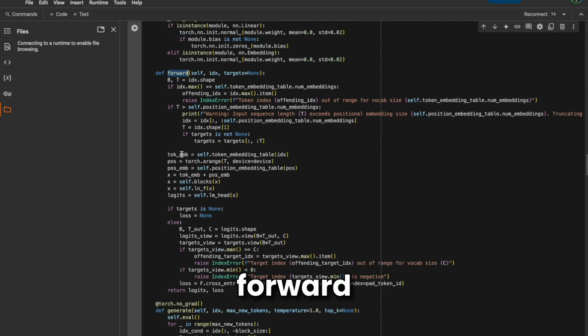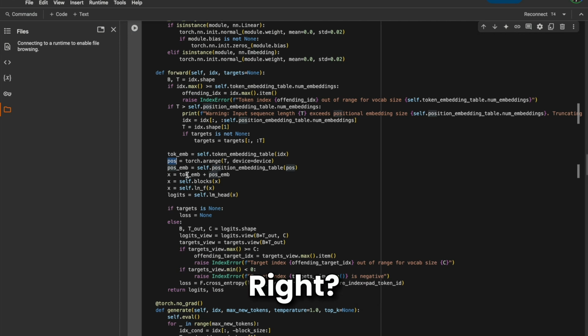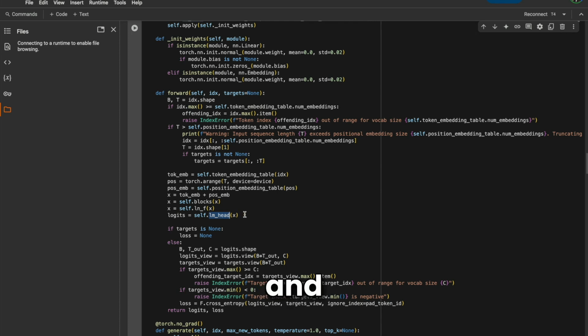And inside its forward function, we do the token embedding and positional embedding, right? So at first we combine token embedding with positional embedding, then we apply the entire transformer layer, and then we project it back to something called logits, which are raw unnormalized output.